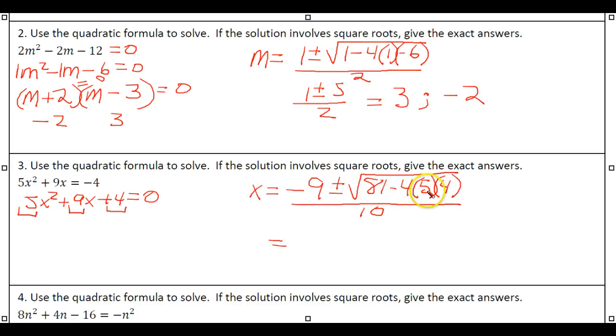So, negative 4 times 5 is a negative 20, times 4 is a negative 80. 81 minus 80 is 1. The square root of 1 is 1. So we have negative 9 plus or minus 1, all divided by 10.